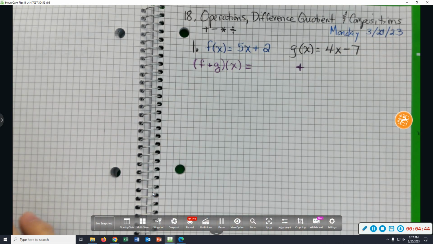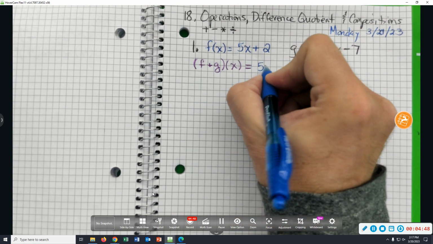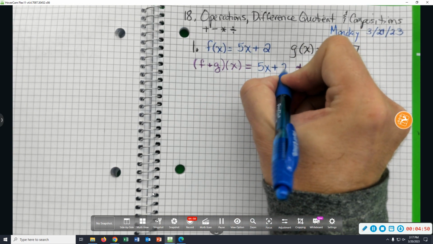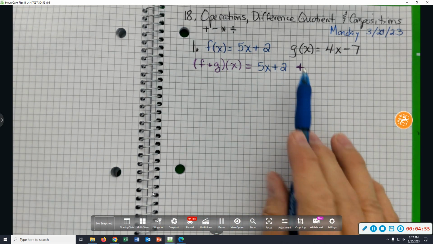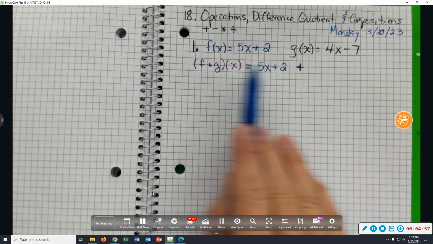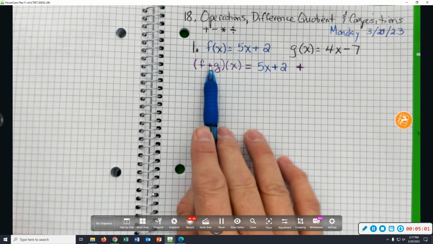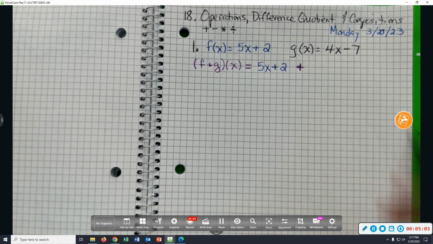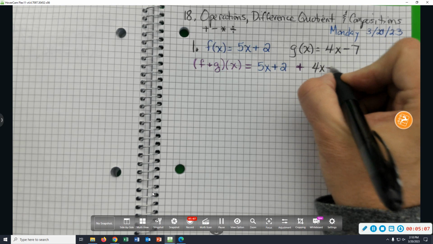So f plus g of x just means f of x. So I've written down the blue function, f of x. This purple plus is the purple plus that's between the f and g that we're told to find. And now I'll write down g of x, 4x minus 7.